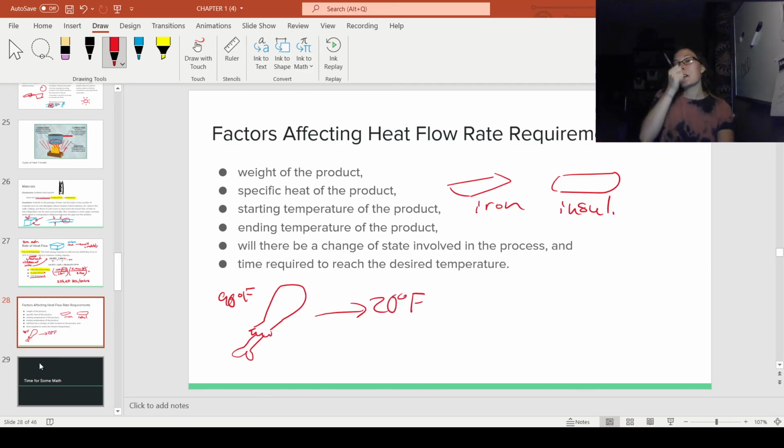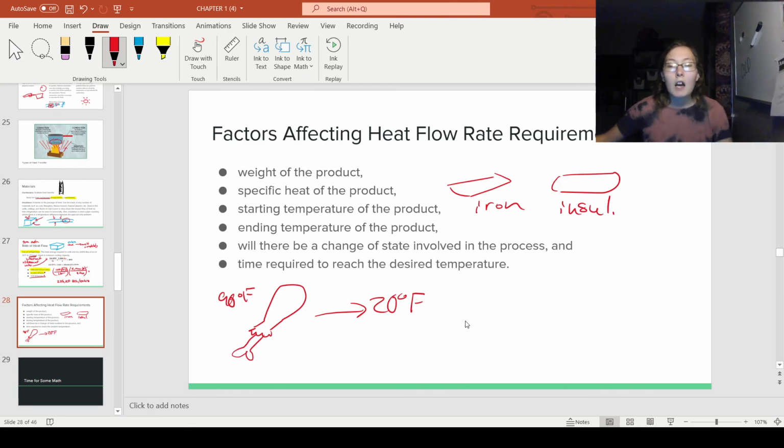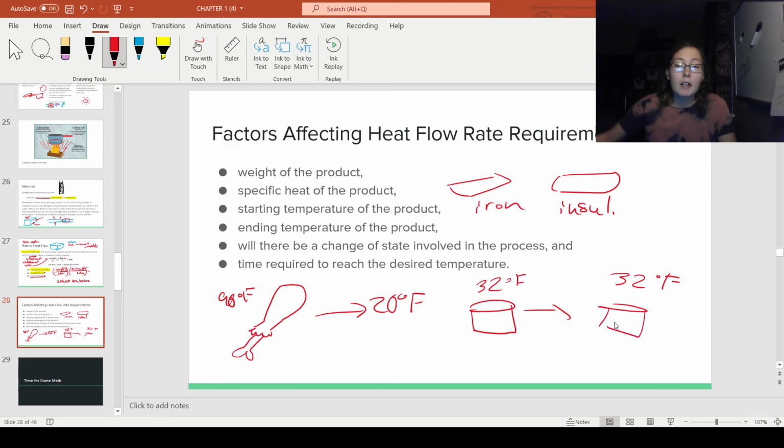That's going to have a different heat flow rate requirement than if you've got ice cream coming in that's already cold, at, I don't know, 32 degrees Fahrenheit. Let's just throw a number out there. And you're just trying to keep it at 32 degrees Fahrenheit, that's a totally different ballgame.